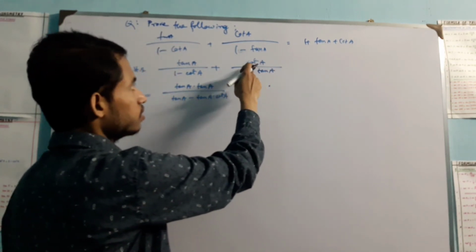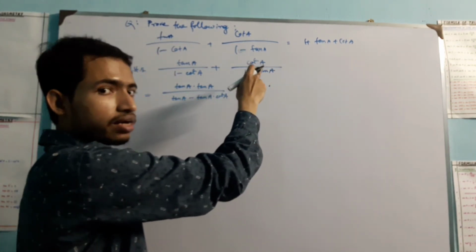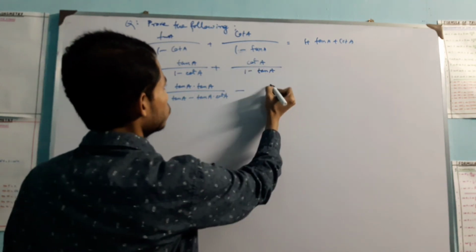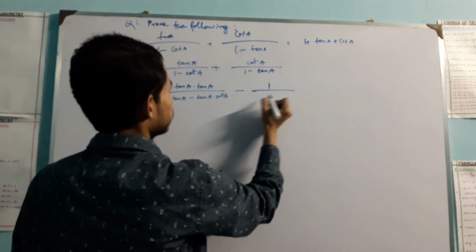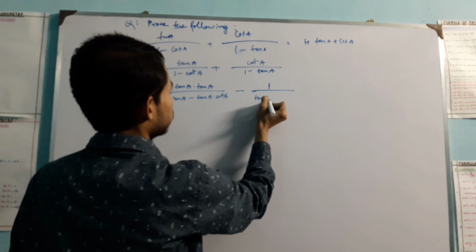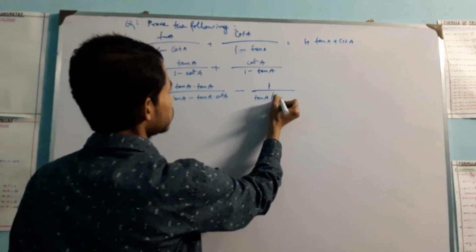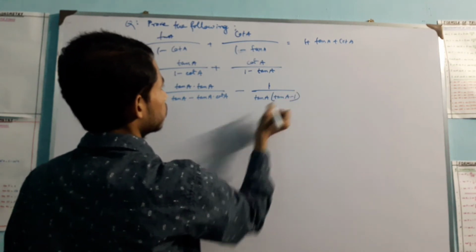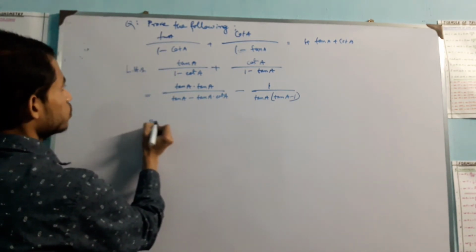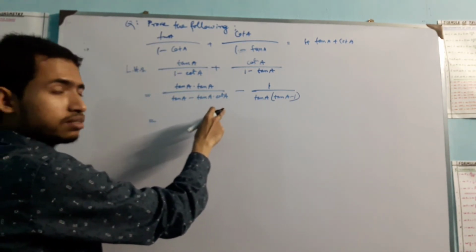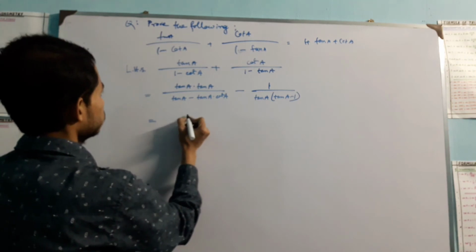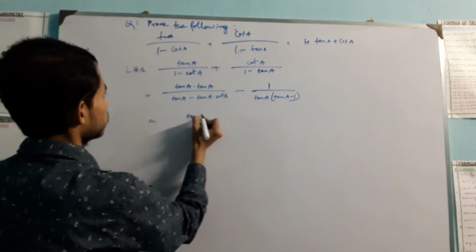And writing cot A in terms of tan A, which is 1 by tan A, into tan A minus 1. We all know that tan A cot A equals 1. So writing it down here.